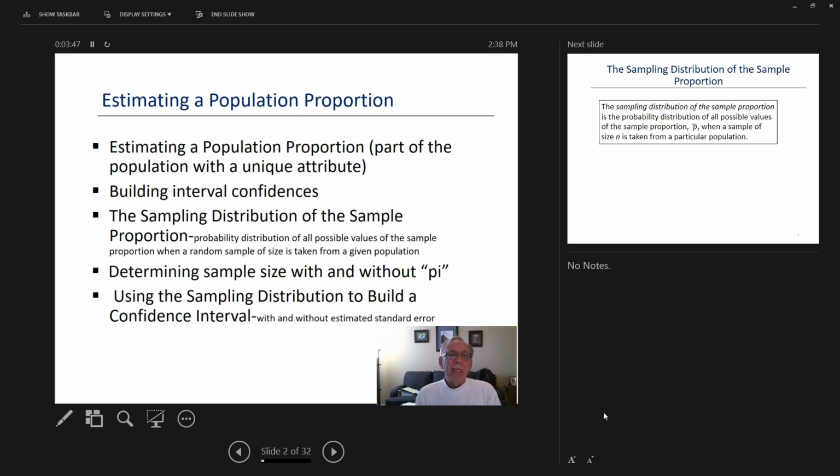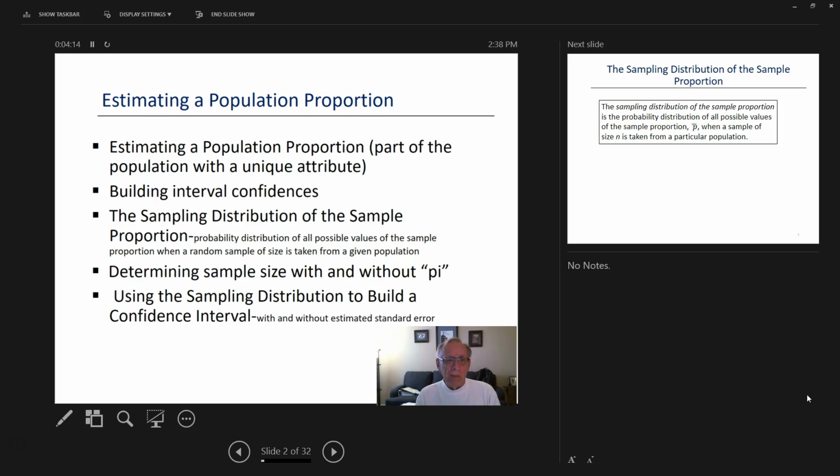We're looking at, again, continuing to build confidence intervals. We're going to look at the sampling distribution of the sample proportion. What's the probability distribution of all possible values of the sample proportion when a random sample of size n is taken from a given population? We're going to look at determining sample size with and without pi.